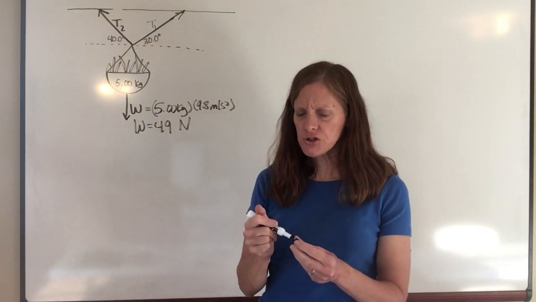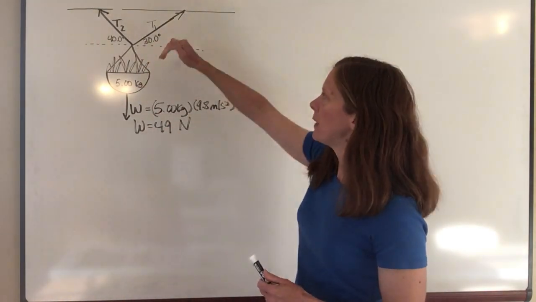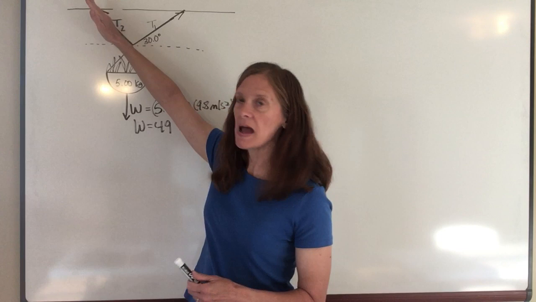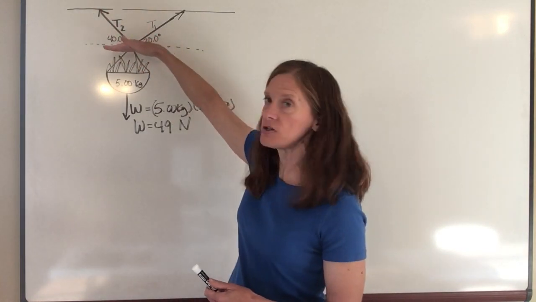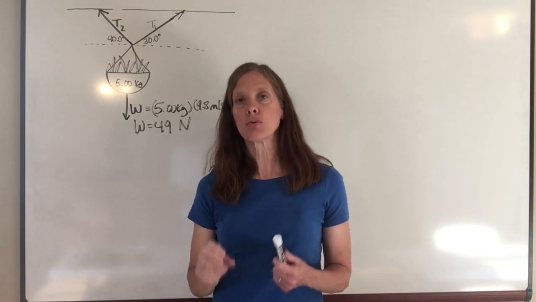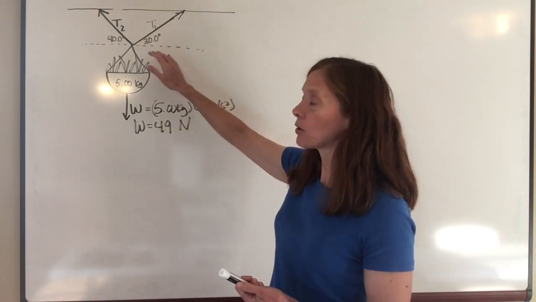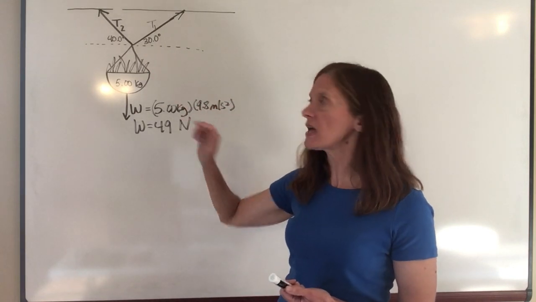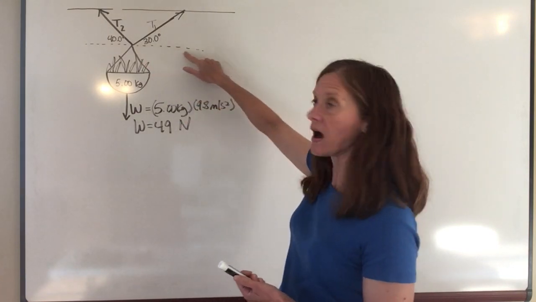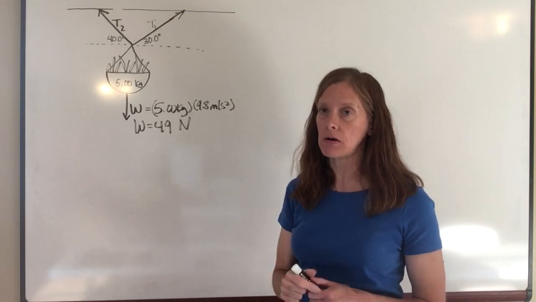All right, so the weight is acting straight down, but the tensions are acting at an angle, so that means that they're going to have both a horizontal component and a vertical component. And you will remember that when we're working these types of problems, when we are looking at angles, we always have to define these angles from the positive x-axis so that our positives and negatives will work out correctly.